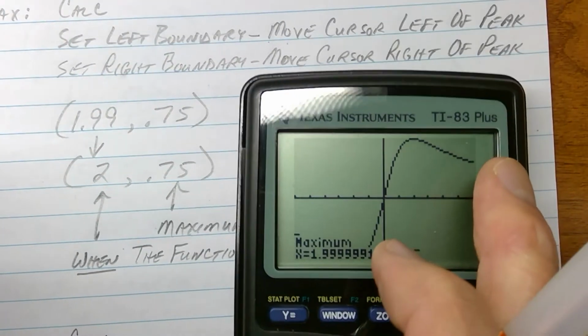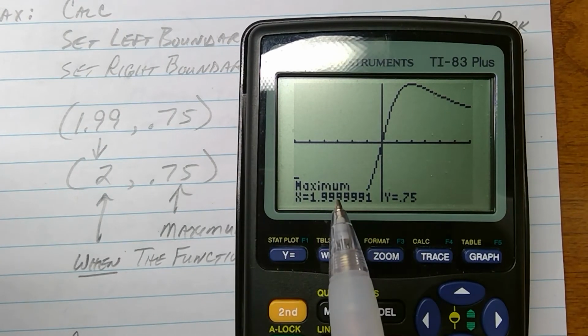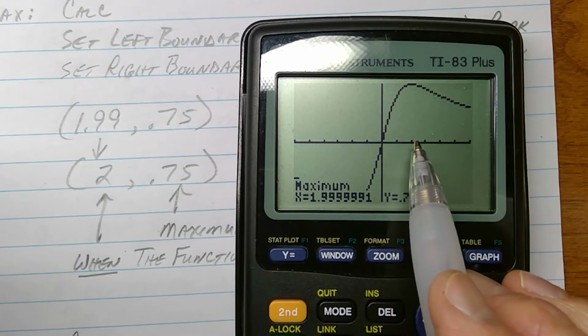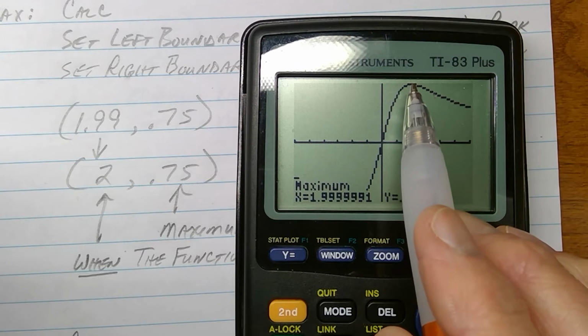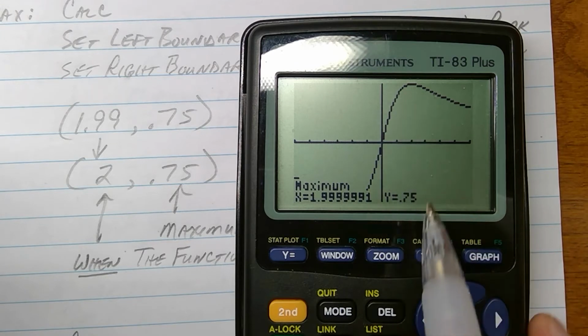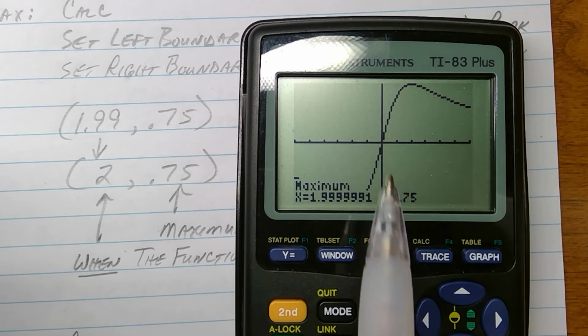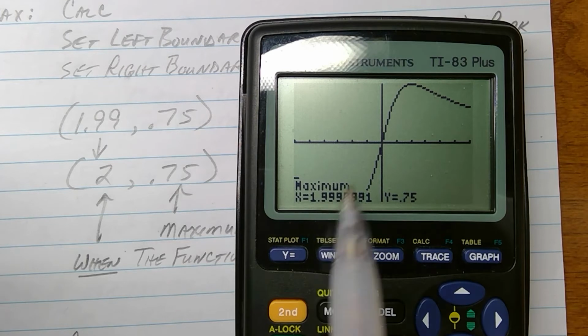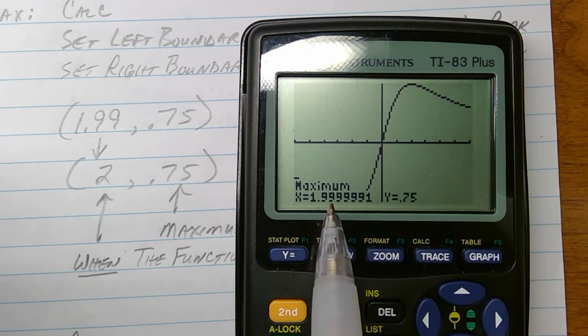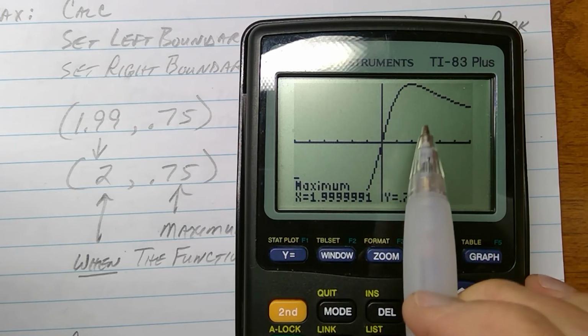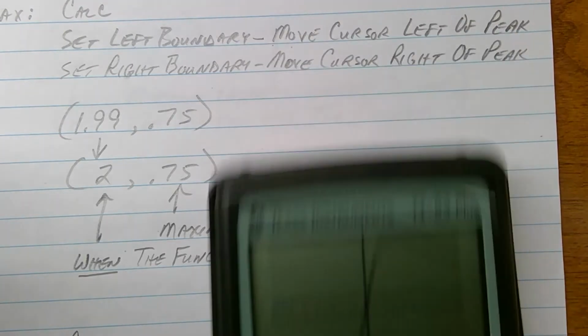That's the y value. I was 0.75 feet or yards or miles or whatever up in the air. So the x value tells you when the peak happened, the max, and the y value tells you how high the max was.